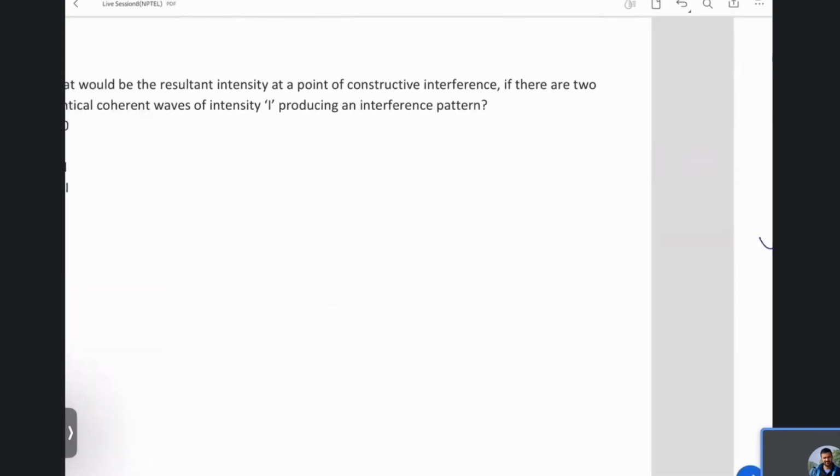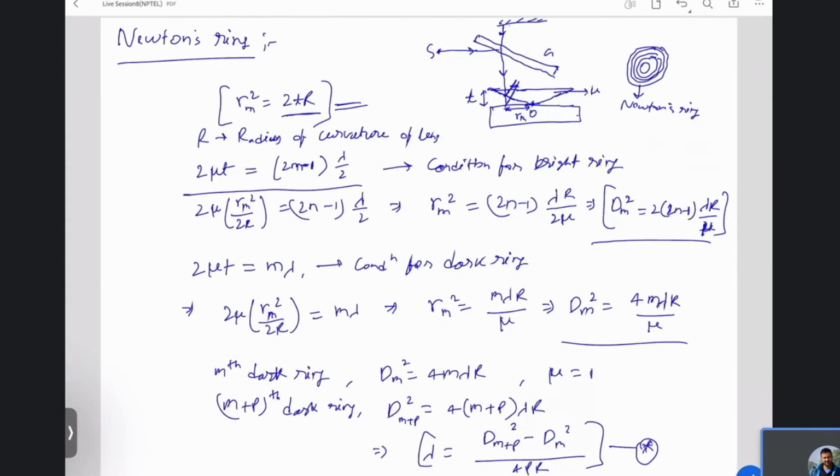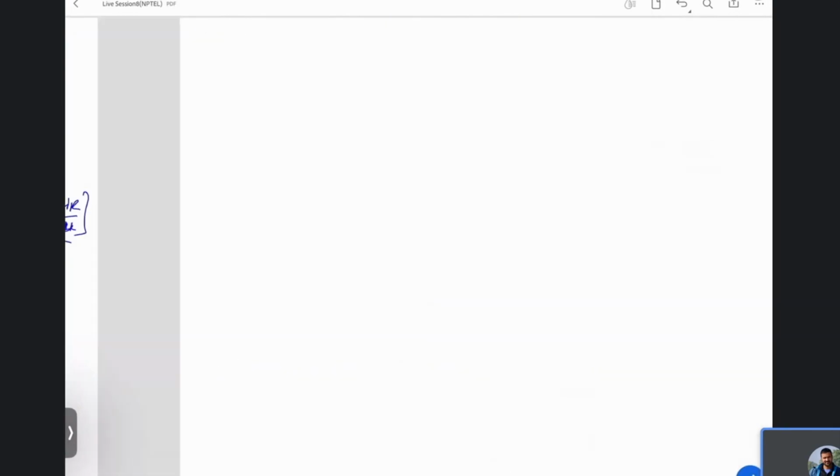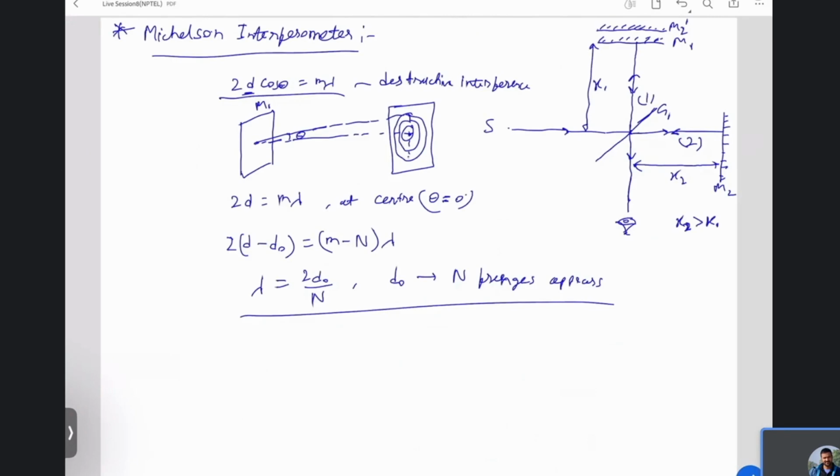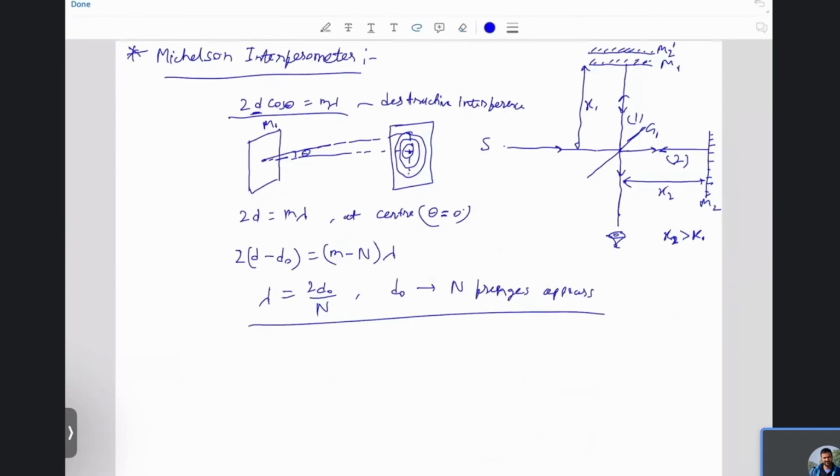I showed you this. If you change the distance by d naught, you have this condition that n number of fringes will appear or disappear.